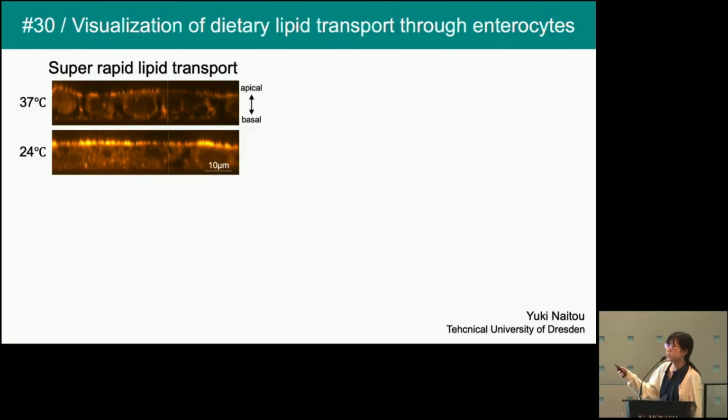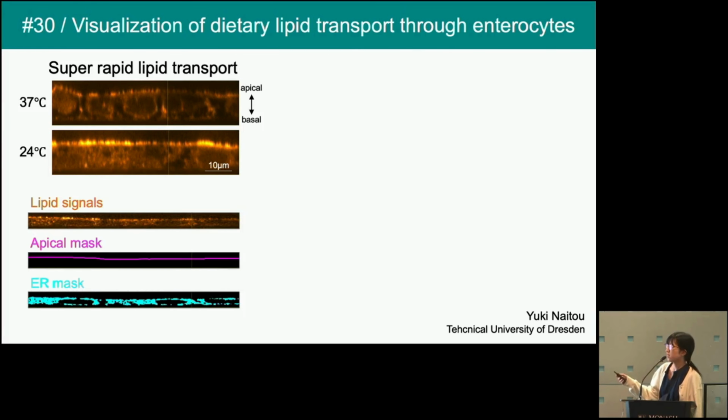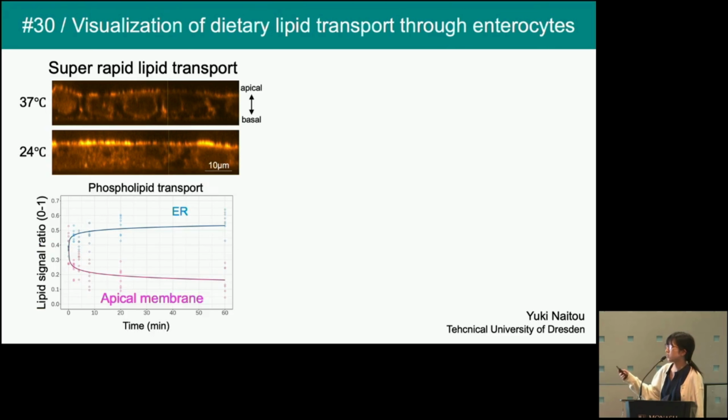And this super rapid lipid transport can be slowed down at the lower temperature. And by combining the organelle staining and the segmentation, I can quantify, for example, phospholipid transport, showing a decrease in the apical membrane and the increase in the ER.